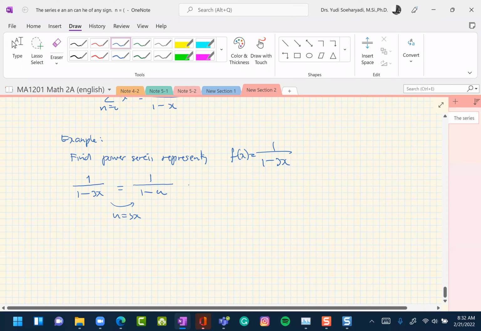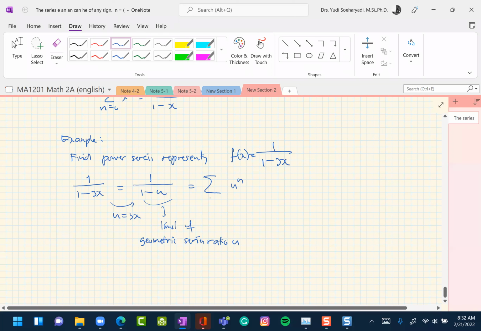And this is the limit of a geometric series of ratio u equals 3x.